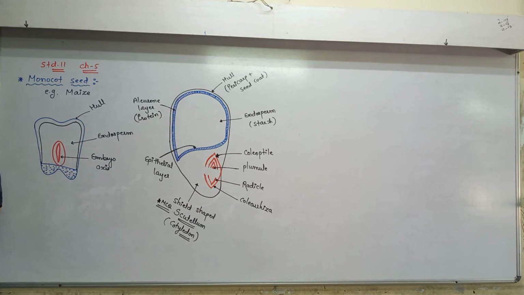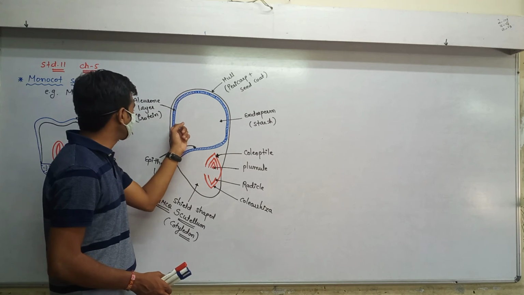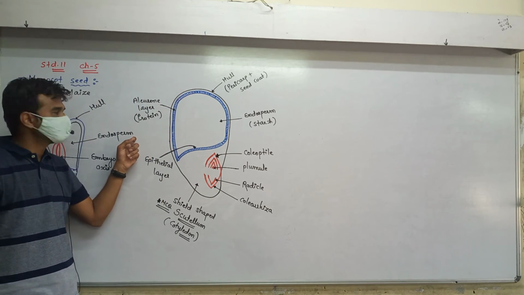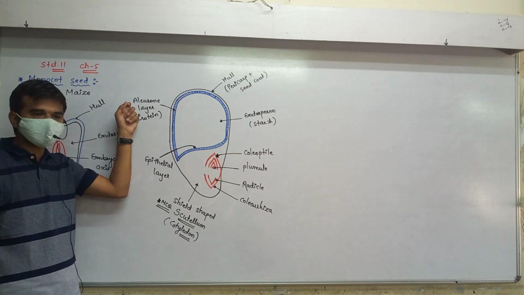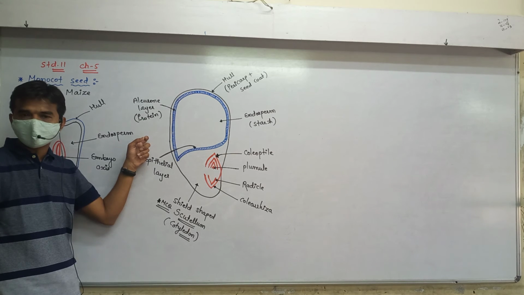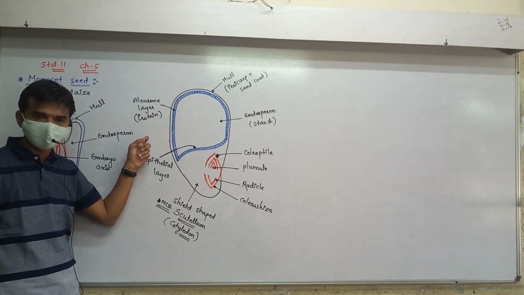So this is known as hull. On the broad part, just below the hull, one layer is present, known as aleurone layer. This aleurone layer stores protein. I hope you know this word; it came in the 8th chapter.